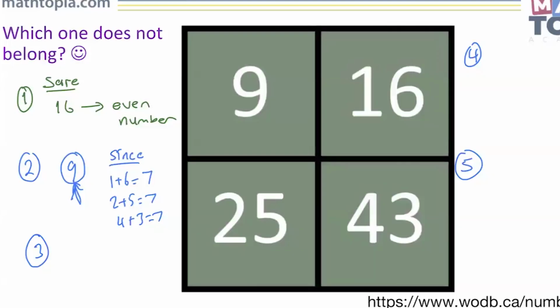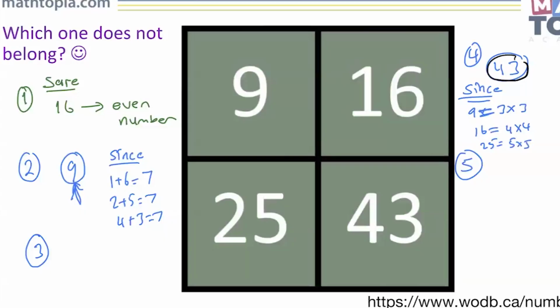What two numbers do you multiply to get 9? Since 9 is 3 times 3, right? 16 is what? 4 times 4. 25 is what? 5 times 5.